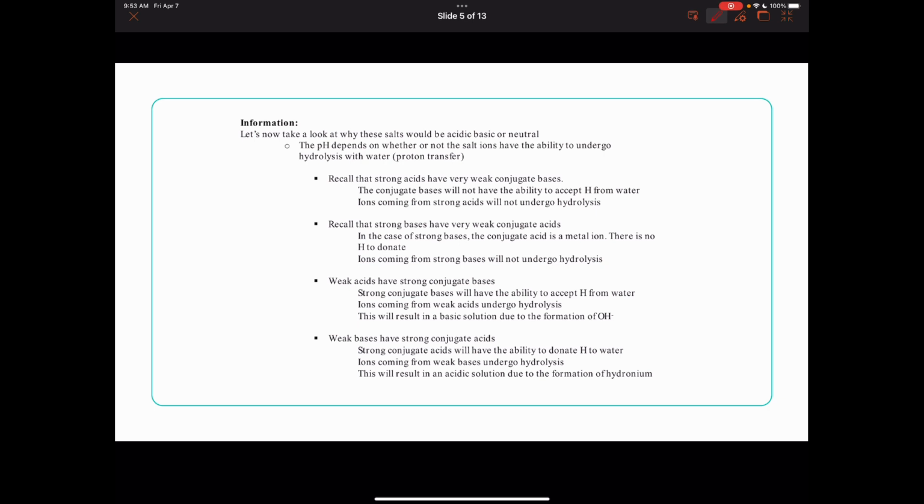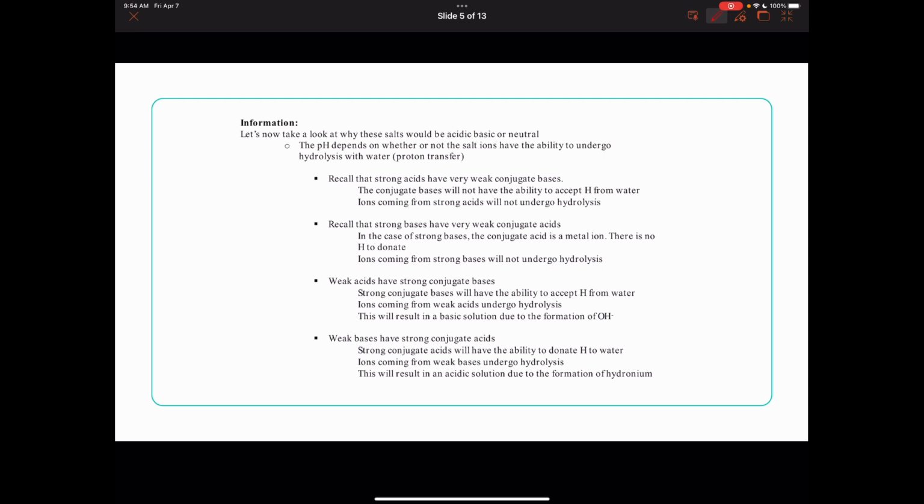Now, weak acids have strong conjugate bases. That's what allows the reaction to be reversible, and we get more molecules of our original substance. Strong conjugate bases will have the ability to accept hydrogen from water.